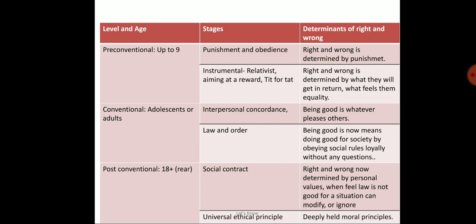Next one is conventional, which normally occurs at adolescence or sometimes in adults also. Here interpersonal concordance occurs. Actually this refers to praising. Suppose you have praised a child, you are very good, or you are bad.